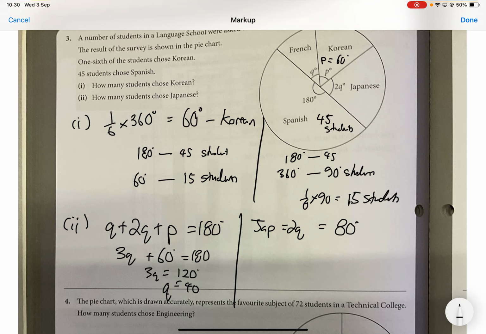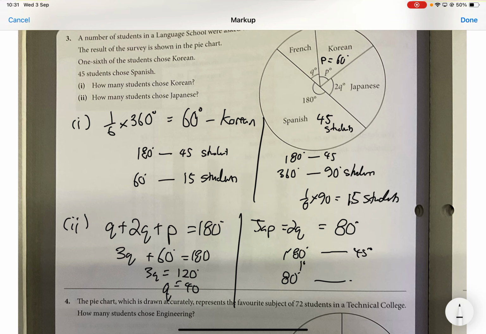How many students is 80 degrees? 180 degrees is 45 students. Then find how many students 80 degrees is, again by ratio. Okay? So do a bit of your ratio.